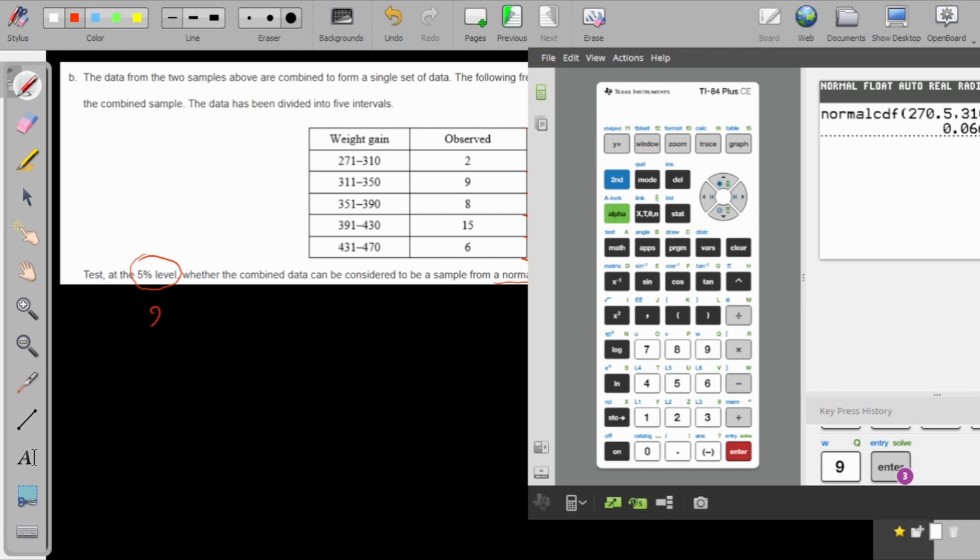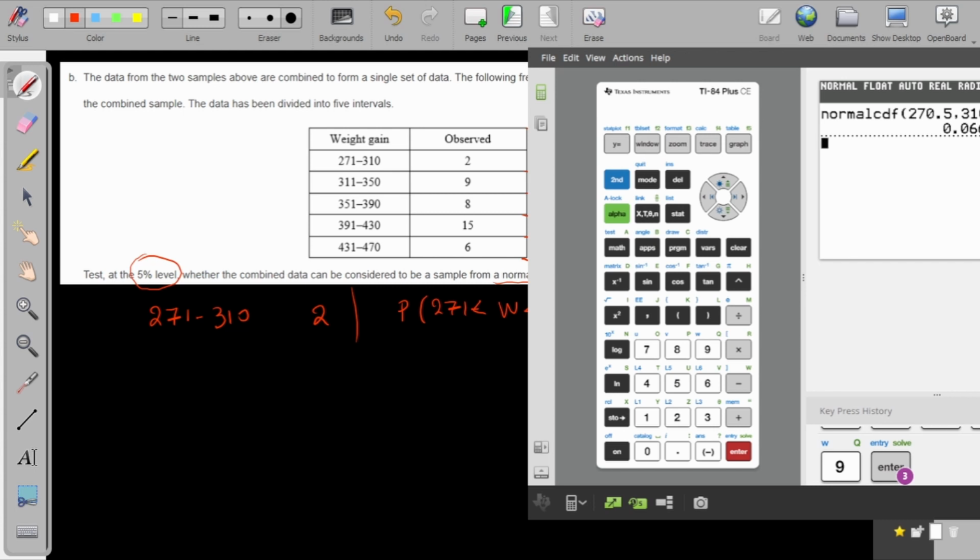So for the first one, 271 to 310, the probability of gaining that, the probability of 271 up to 310, is 0.06.